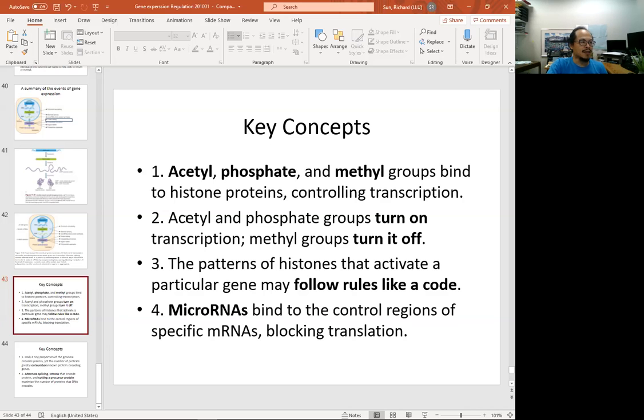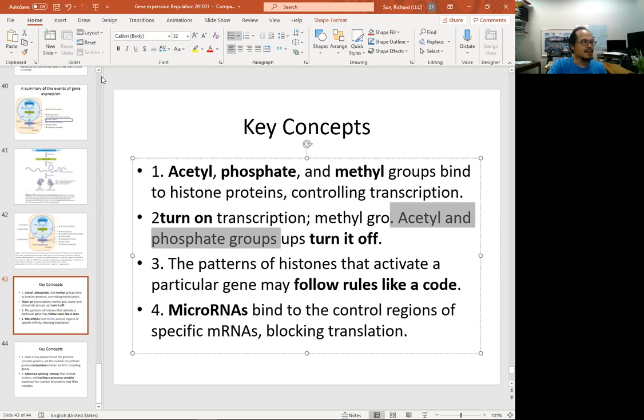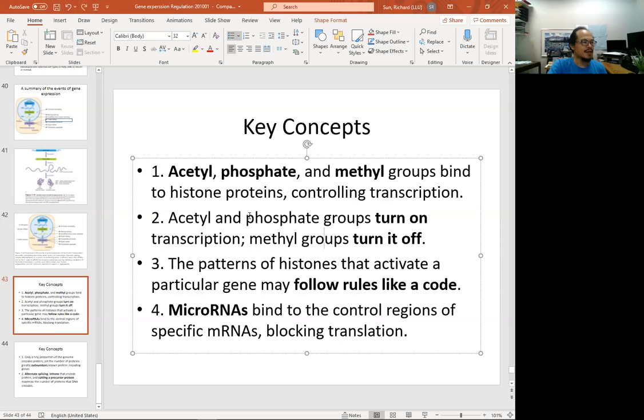Acetylation, methylation, and phosphorylation all have this function. We didn't really talk about the phosphorylation, but you just need to know acetylation. So if you don't know phosphorylation, it's okay.